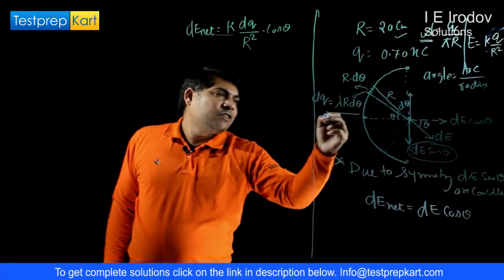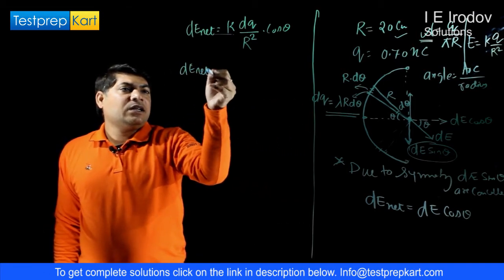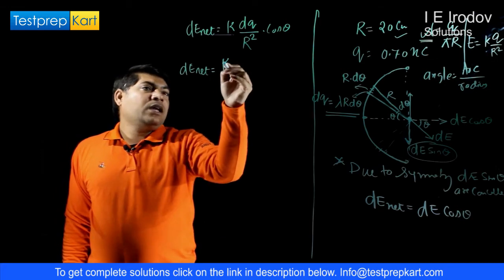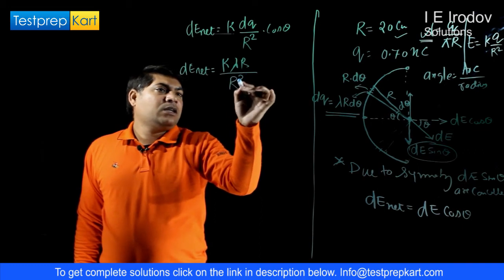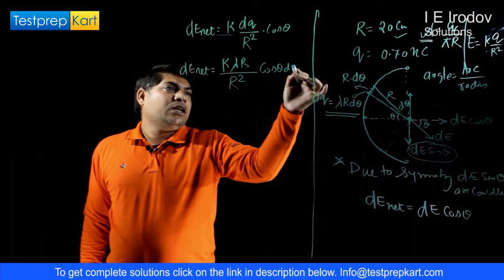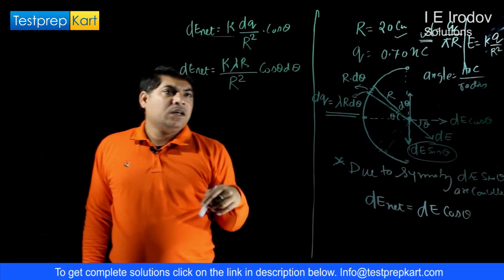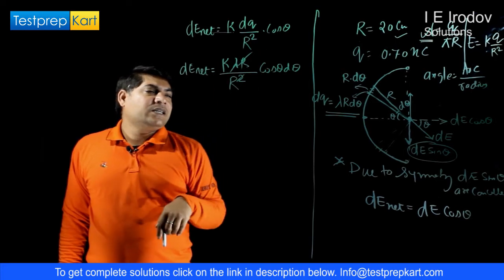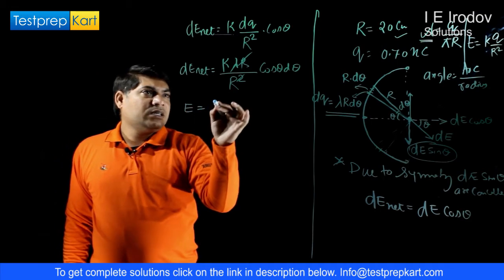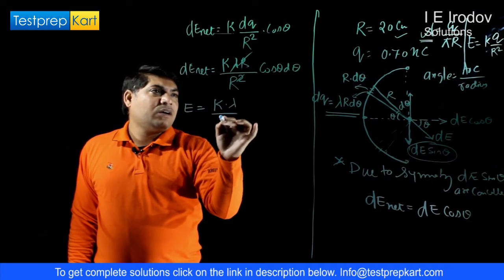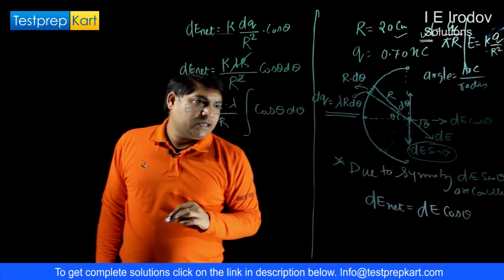We can replace the value of dQ: dE net is equal to K lambda R over R square times cos theta d theta, as we replace dQ by lambda R d theta. One R gets cancelled, and if we integrate this, the net electric field is K lambda over R times the integration of cos theta d theta.